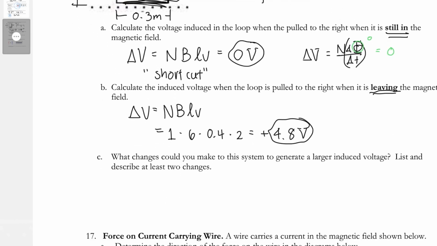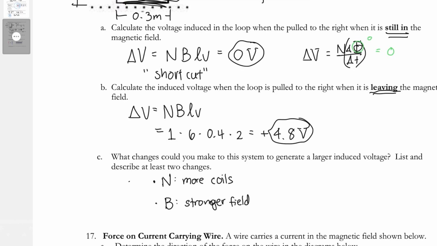If I wanted to generate a larger voltage, let's see what I can change. I could change N, the number of coils. Let's say I could make more coils. I could change B, create a stronger permanent magnetic field.